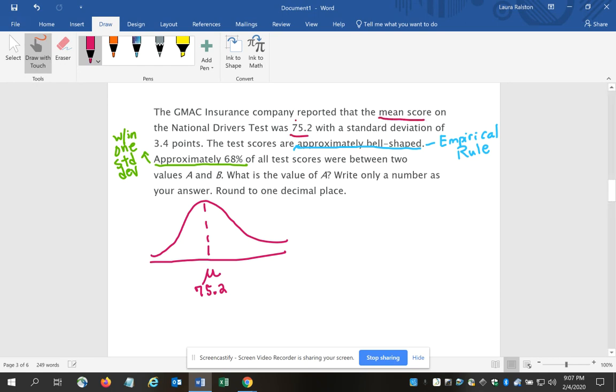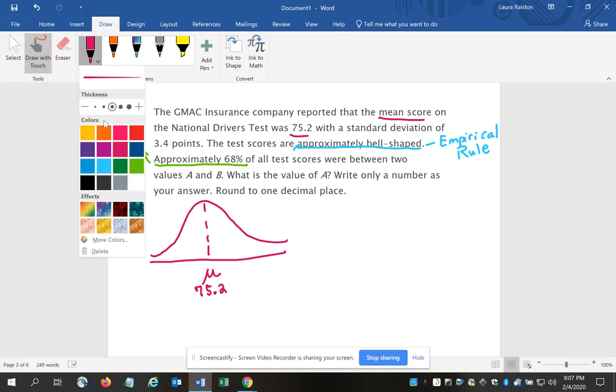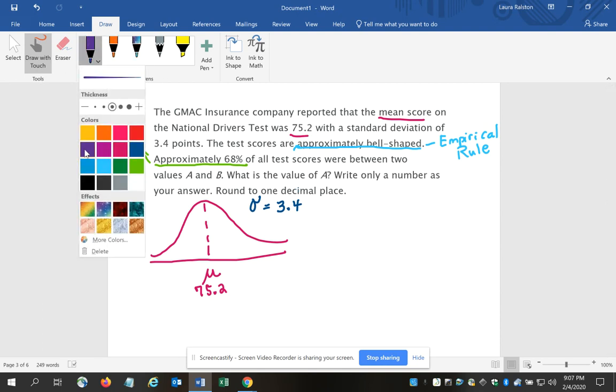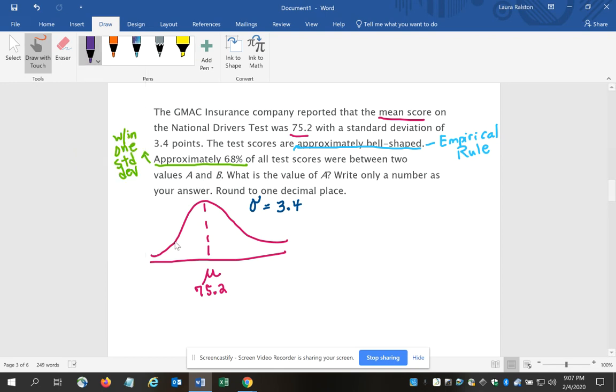I'm also told that the standard deviation is 3.4. And I'm interested in the values of A and B. So we have a value that is one standard deviation below the mean, and a second value, which is the mean plus one standard deviation. We're using one standard deviation because it says approximately 68%.